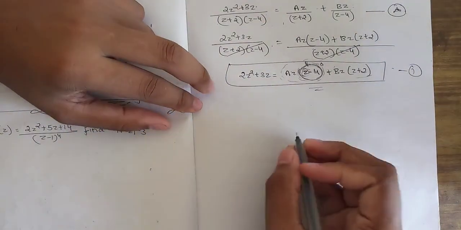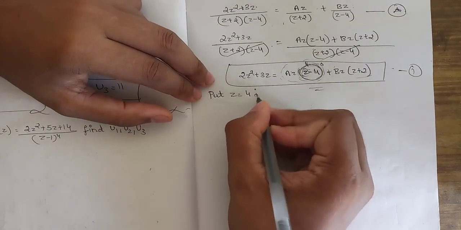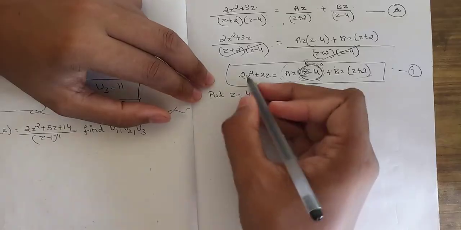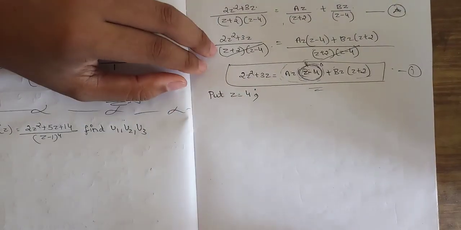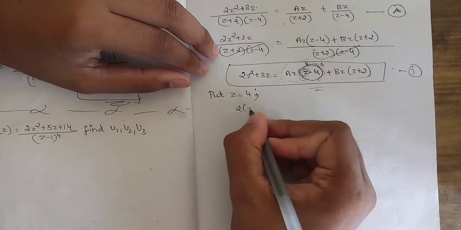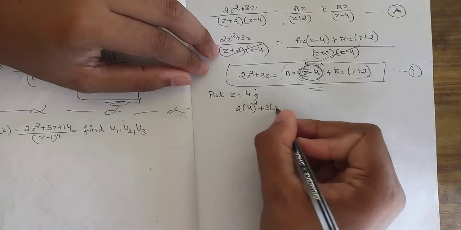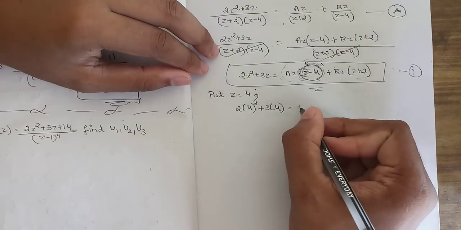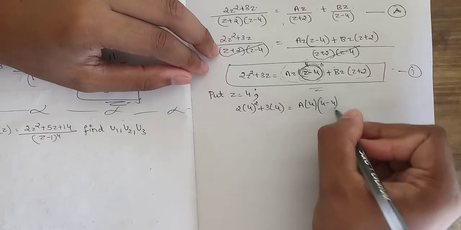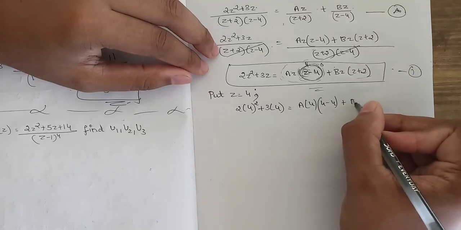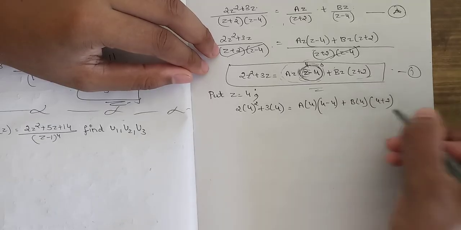First we put z equal to 4 in order to make this term equal to 0. Wherever there is z in this whole equation, we need to put the value of z as 4. So 2 into z², that is 4², plus 3 into 4 is equal to A into 4 into (4 − 4) plus B into 4 into (4 + 2).